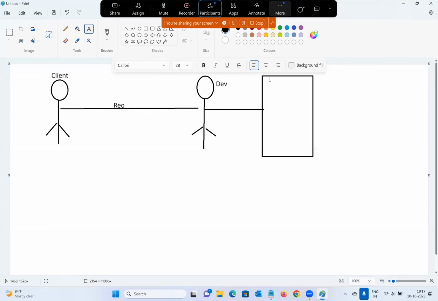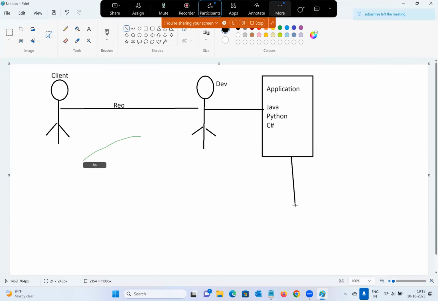Then the developer develops the application based on the client requirement by using different technologies such as Java, Python, C Sharp. After completion of development, the application, one minute.